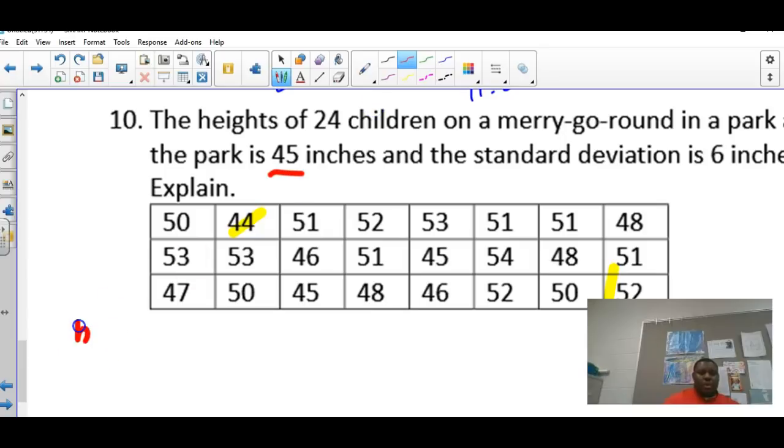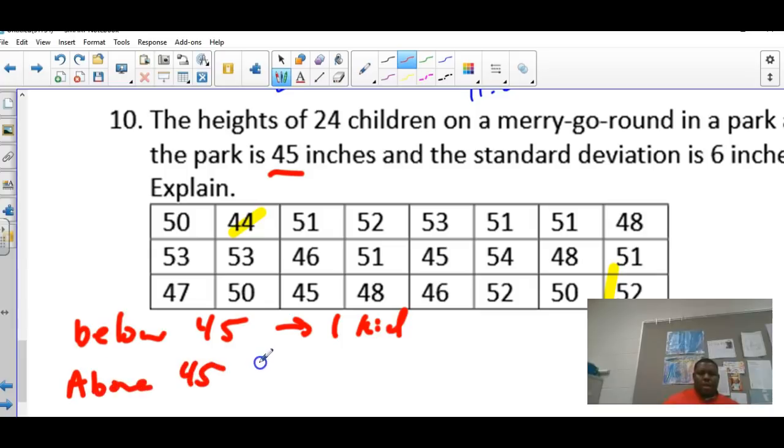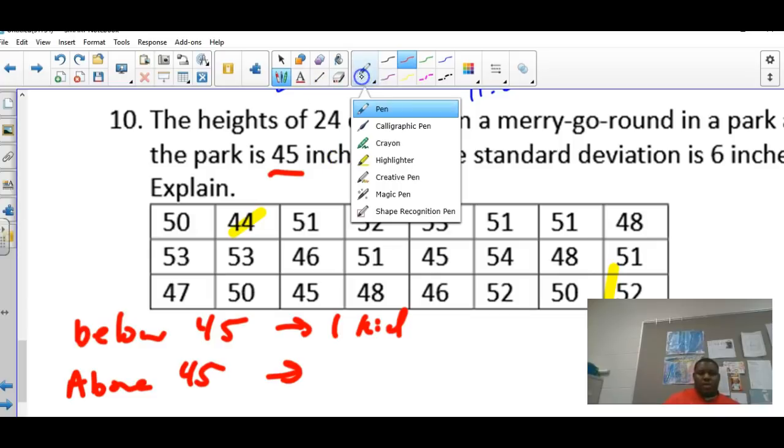So below 45, 1 kid, which means above 45. If it's 24 kids, it should be 23, but I'm just going to do this to be on the safe side.